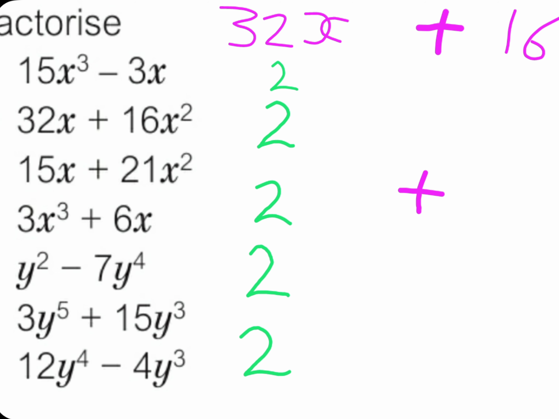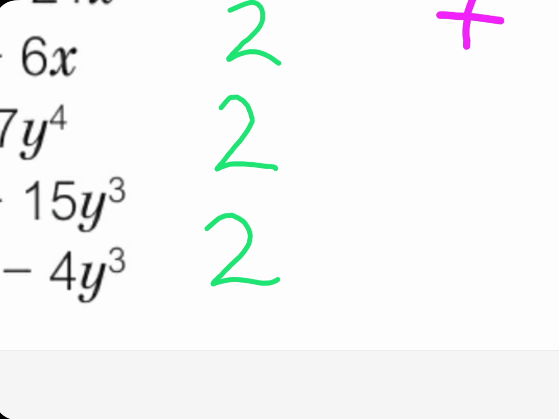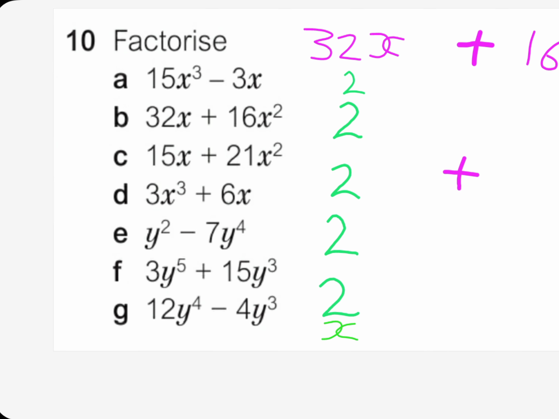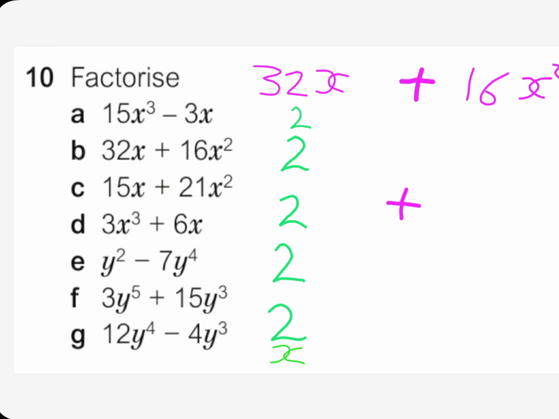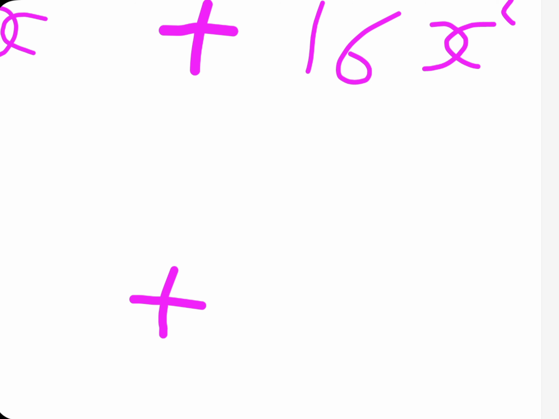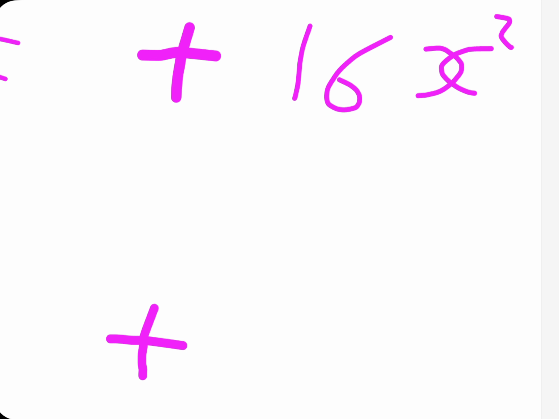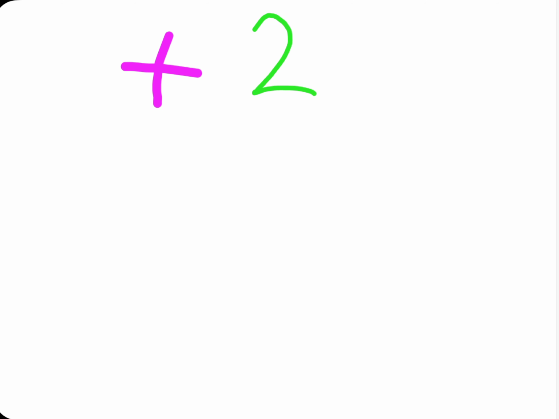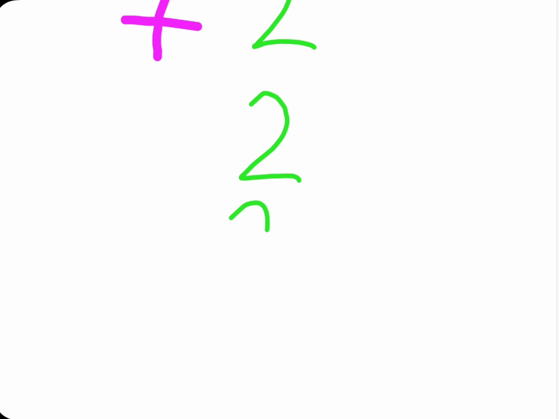And then we left the x. We write the x here, for example. So, five 2's with an x. Very good. Now let's come to this one, 16x squared. 16x squared is 2 times 2 times 2 times 2, so four 2's, and 2 x's.